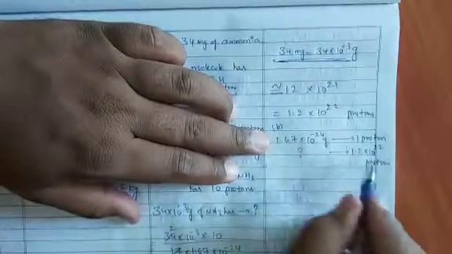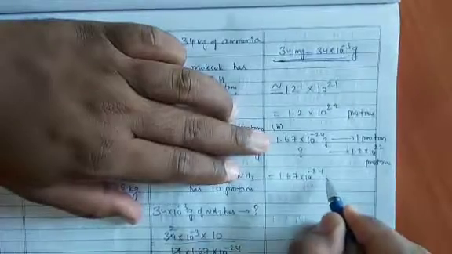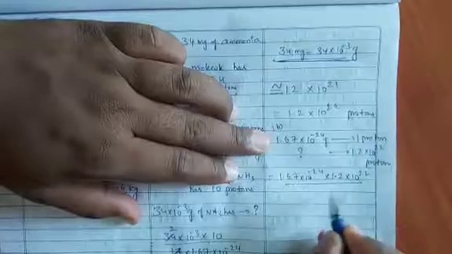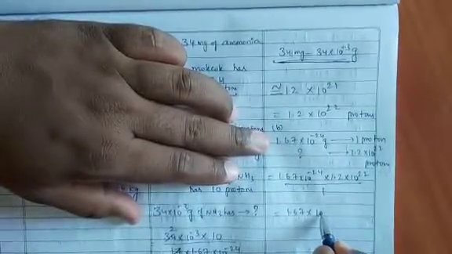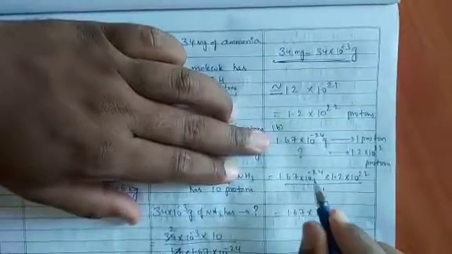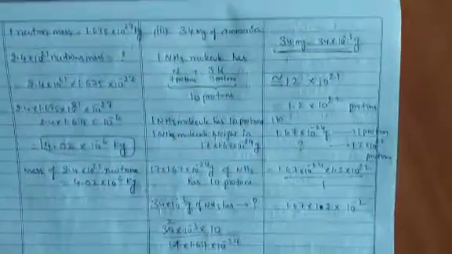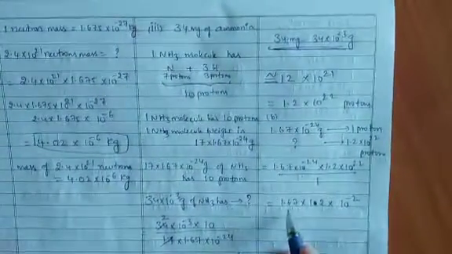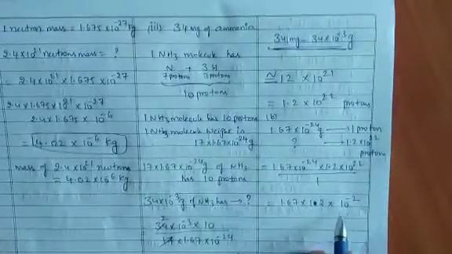Then this question mark is equal to 1.67 into 10 power minus 24 into 1.2 into 10 power 22 divided by 1, which is 1.67 into 1.2 into 10 power minus 24, 10 power 22, it is 10 power minus 2. 1.67 into 1.2 into 10 power minus 2 grams.